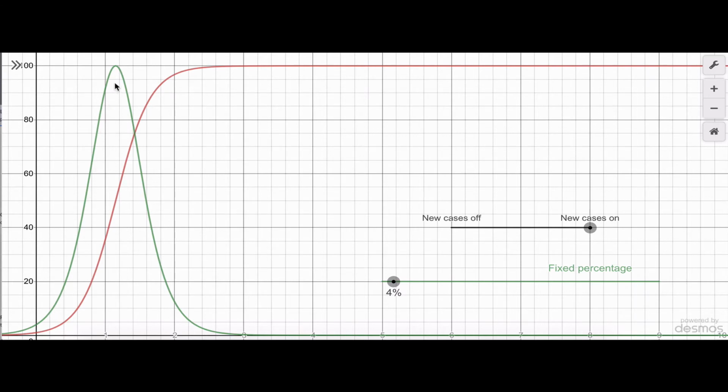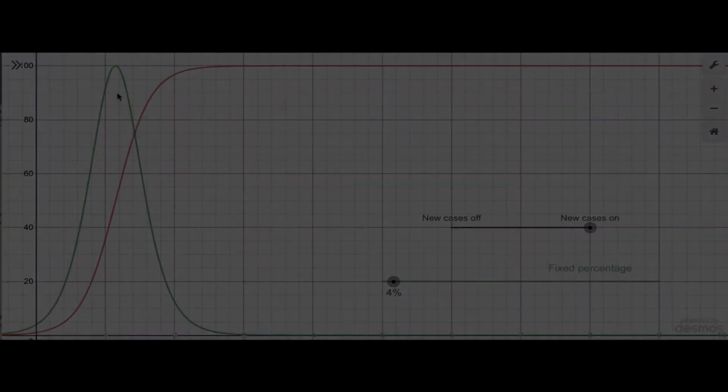And then we have a large number of cases per day. We've got a peak. And then the number of new cases falls until it's very, very small because almost all the students have heard the rumor. That peak happens about the time that the number of people in the school who know the rumor is half, 50 out of 100. And that's true of the logistic model.